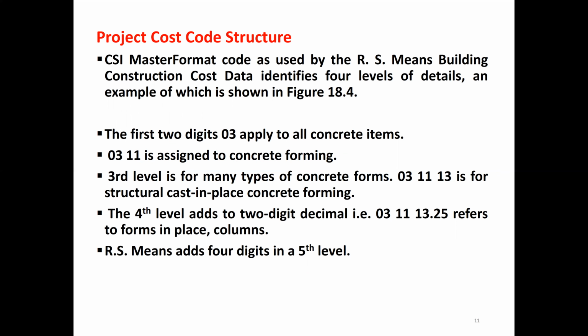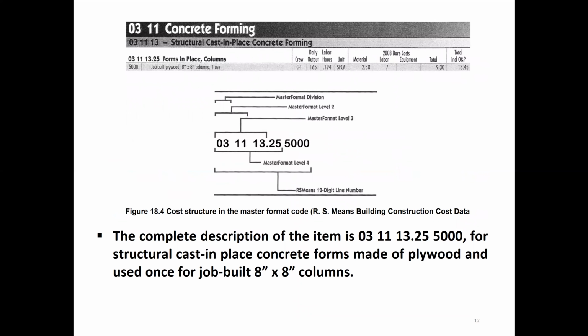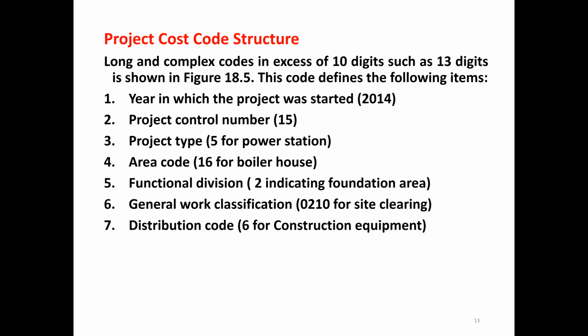So this figure is this one: 03 11 concrete forming. How this detail is described at the first level, second level, third level, fourth level and fifth level, we are going to see in the previous slide.